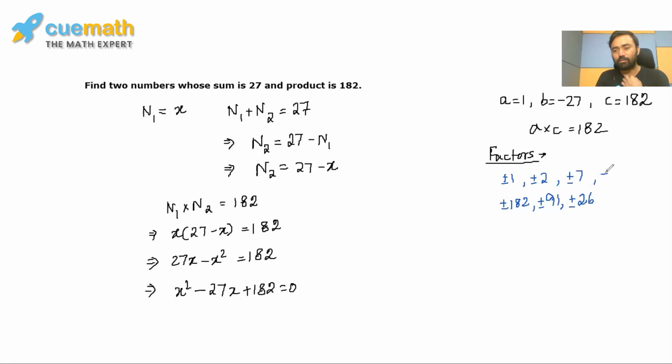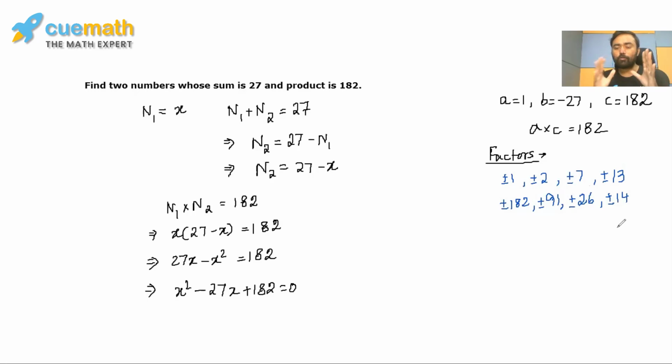Then we'll consider 13, because that is also one of the factors, and the other factor would be 14, because 13 times 14 is 182.